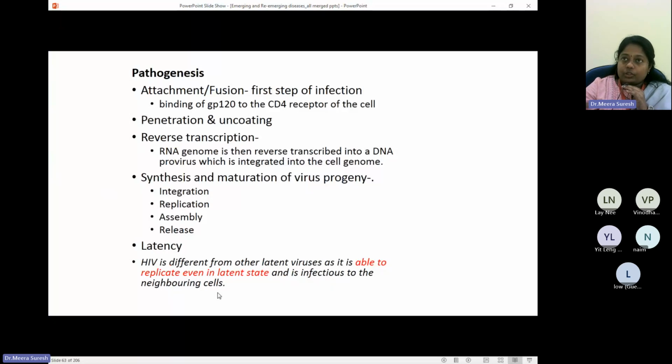When we go to the symptomatology, initially when the HIV infection happens, within a few days, maybe around 2 weeks, the patient may show symptoms like fever, rhinitis, constitutional symptoms where we are not exactly able to diagnose.